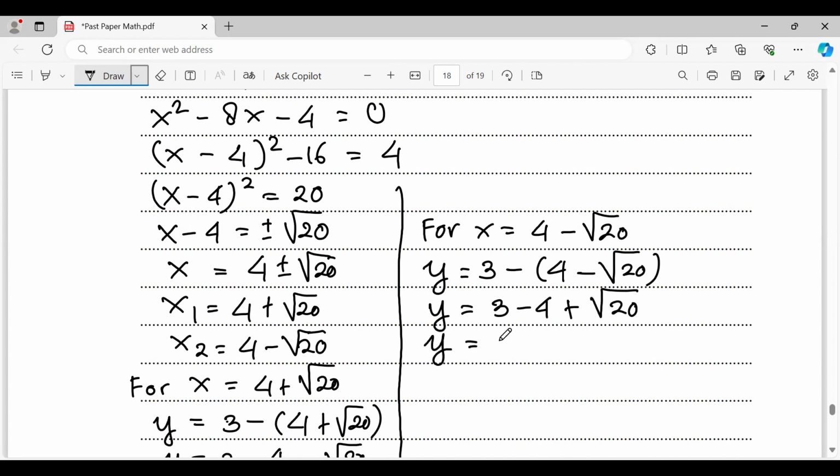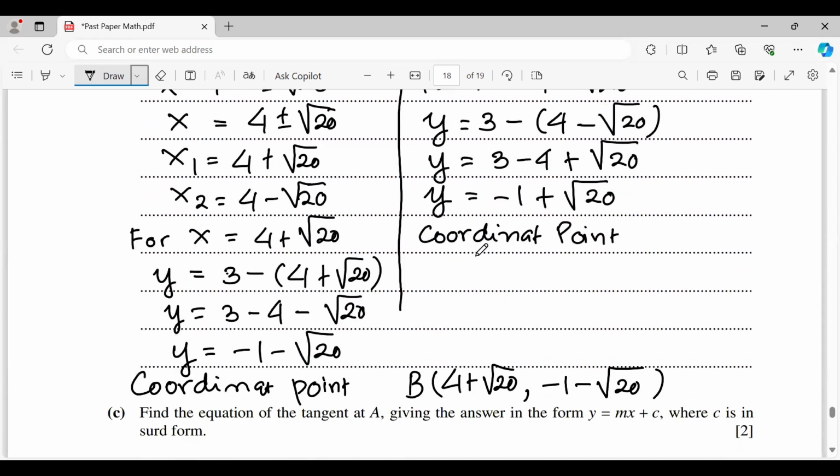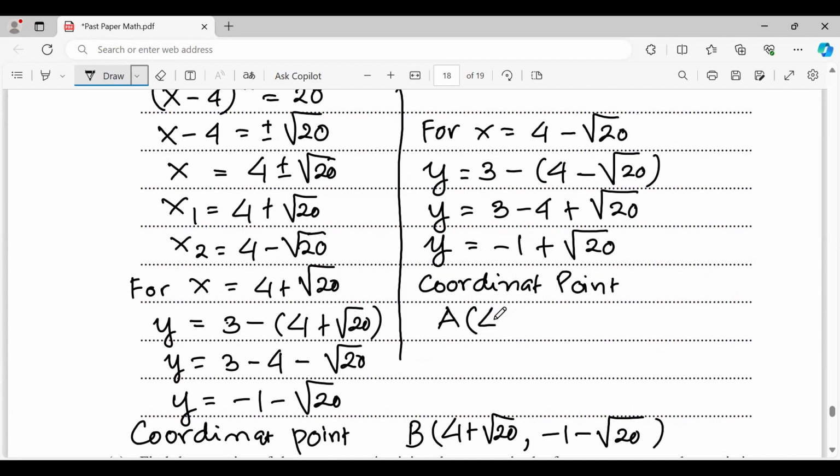So y equals minus 1 plus square root 20. This is coordinate point A. Coordinate point A, x comma y, is 4 minus square root 20, comma, minus 1 plus square root 20.